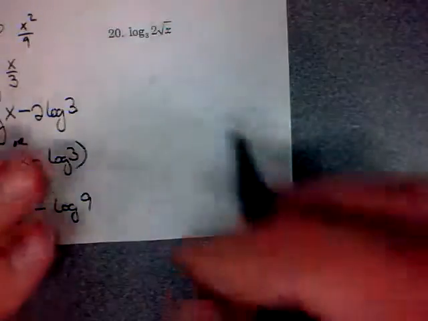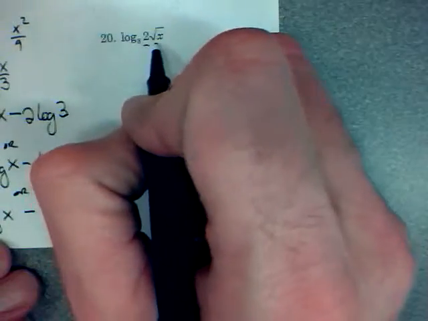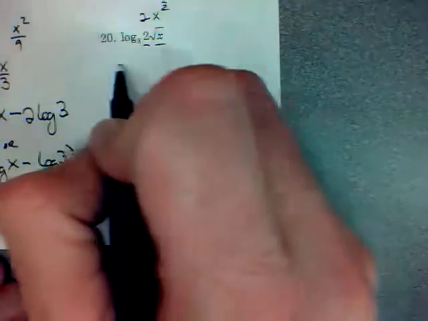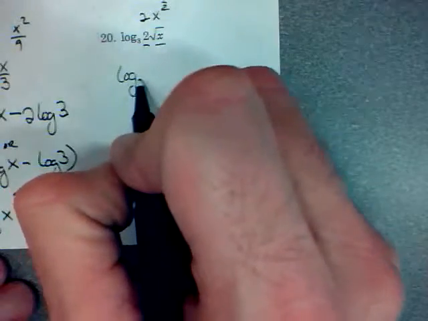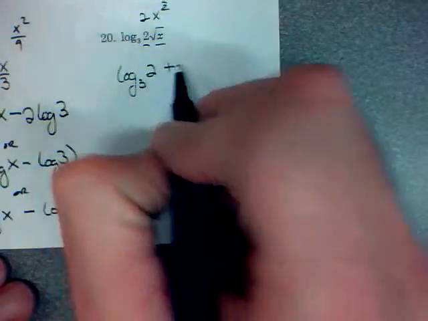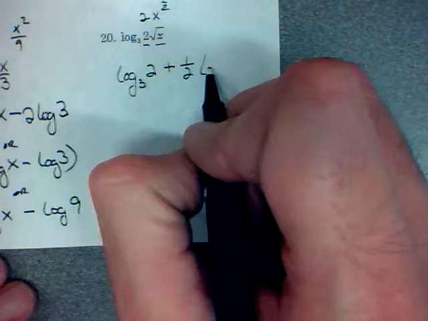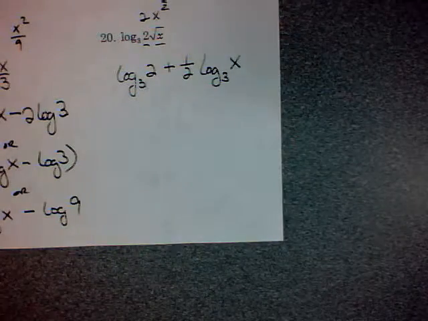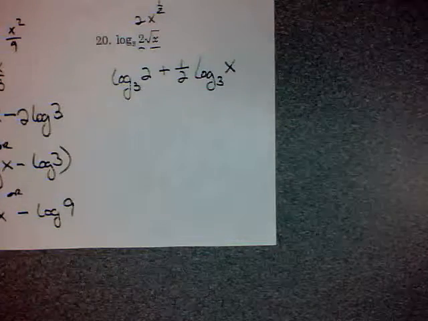And on the last one here, we have 2 of these, and remember this is actually 2 times x to the 1/2 power. So this is going to be log base 3 of 2 plus 1/2 log base 3 of x. Okay. So that is your properties of logs.